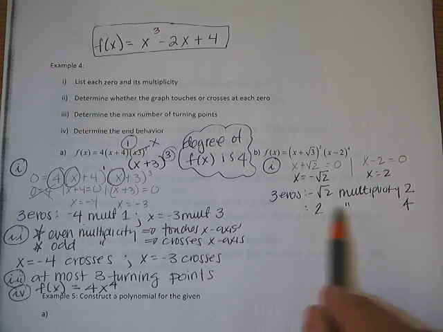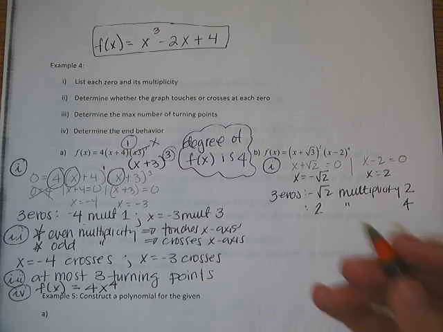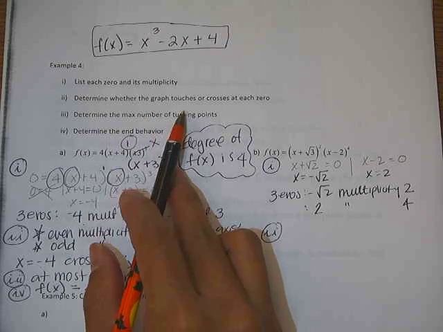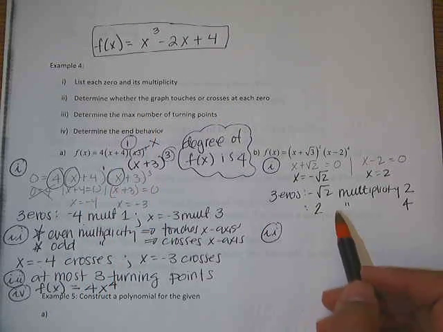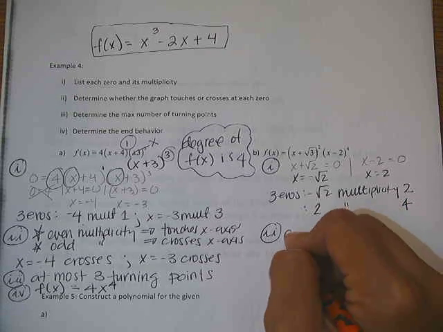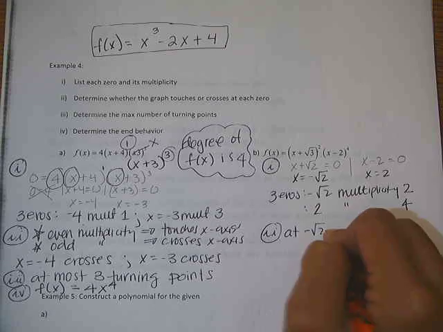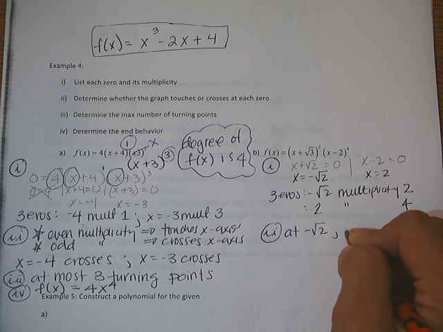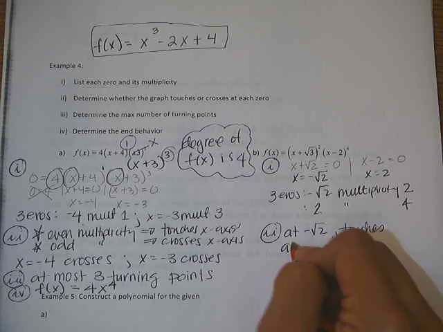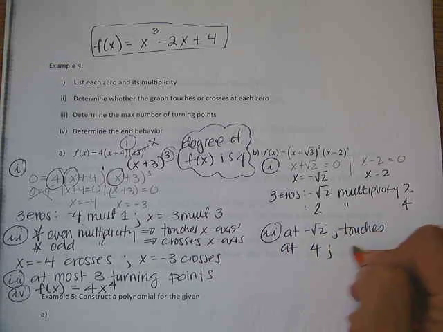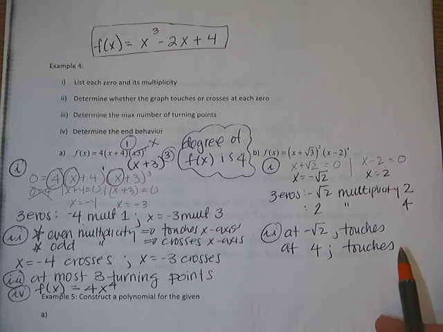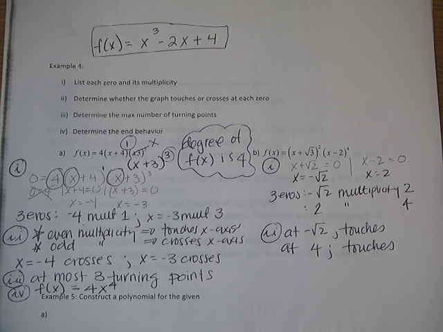So that's how we list it out, or that's how we answer this question. 2i says determine whether the graph touches or crosses at each one. Well, because they both have even multiplicity, at negative square root of 2 the function touches the x-axis. At 2, it will also touch the x-axis. So it's really up to you how you want to write that out.